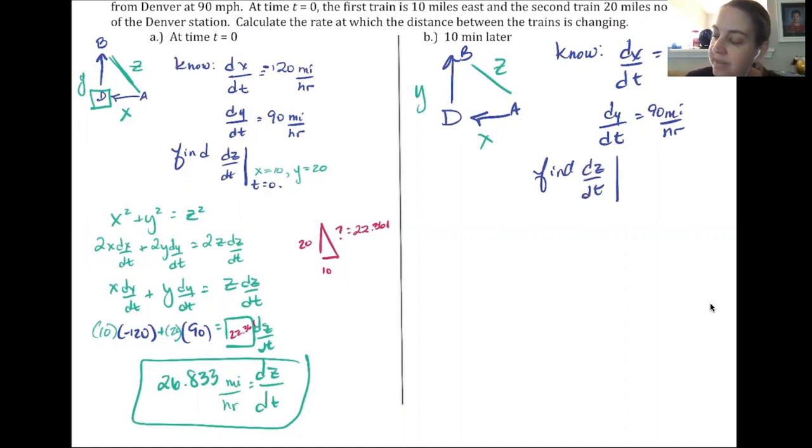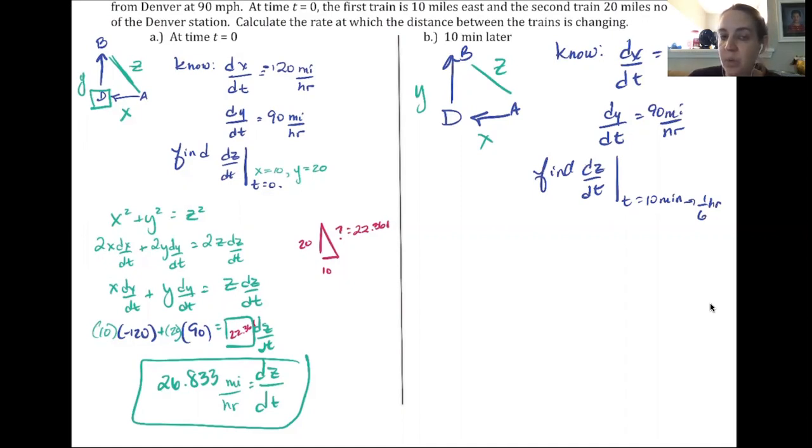When the time equals 10 minutes, here's the problem: our rates are given to us in miles per hour, not per minute. So 10 minutes is really 1/6 of an hour. Now, X and Y are going to be different.